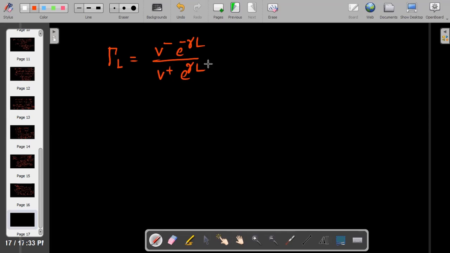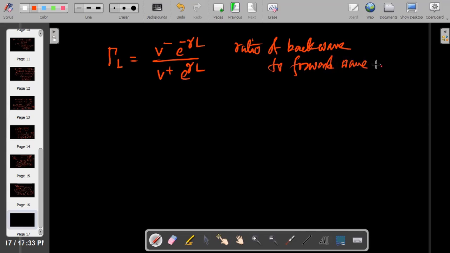Please remember that one. It is a ratio of backward wave, or backward voltage wave, whatever you want to write, to forward wave.